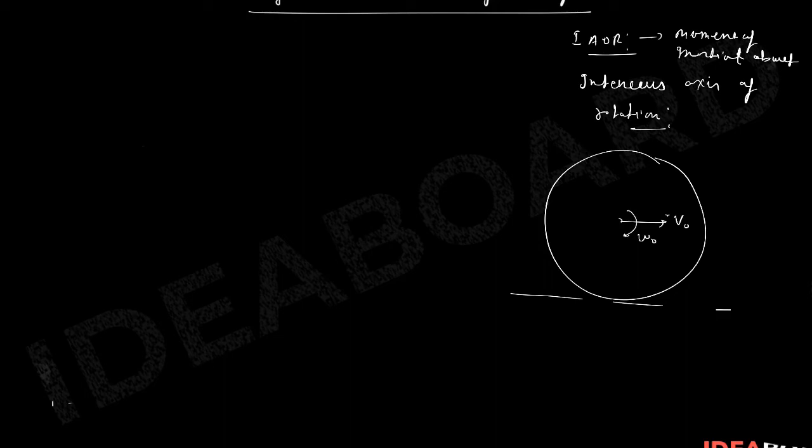So understand, suppose you have a situation where this sphere or any body is performing pure rolling, then we can say V naught is equal to omega naught R, because this point will not have any slipping, instantaneously. So we will simply write V naught is forward, omega naught R backward. So V naught minus omega naught R is equal to 0.